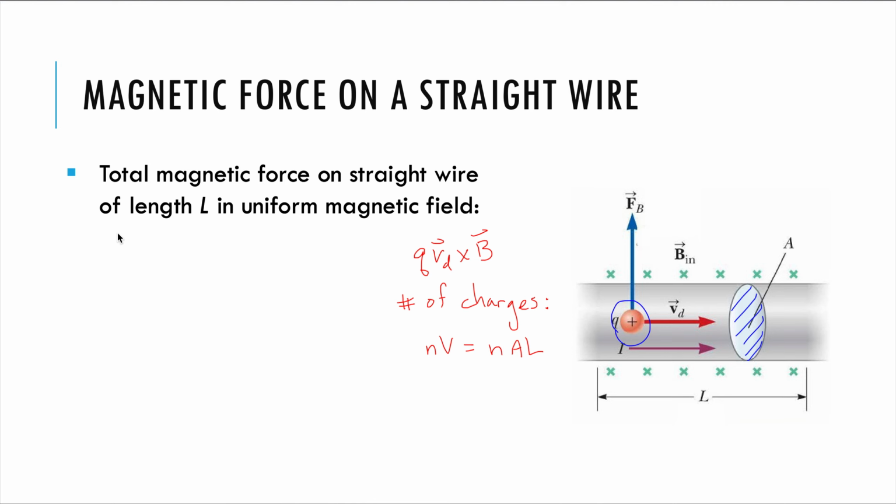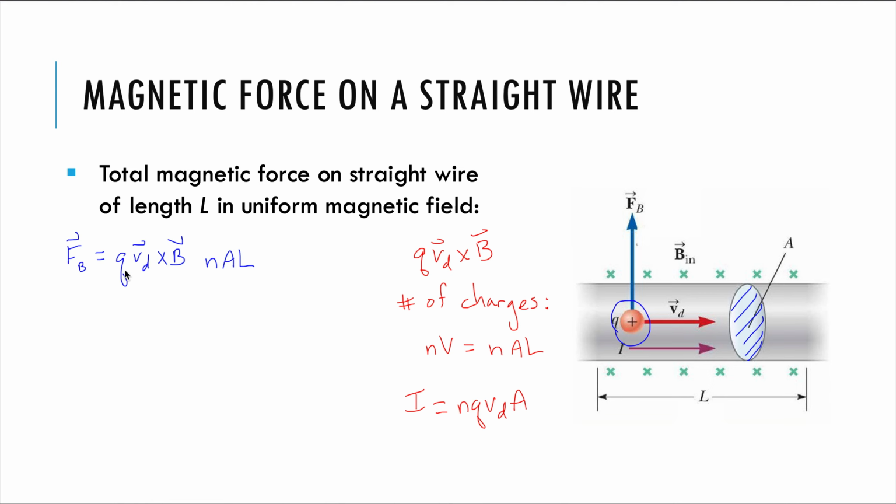Now to find the force on the wire, we can call it F sub B. It's going to be the force on one charge, Q v_d cross B, multiplied by the number of charges, which is nV, or nAL. And then the last thing to remember is, I think it was in video 541, when we were talking about the microscopic description of current, we had an equation for the current, which is equal to n q v_d times area.